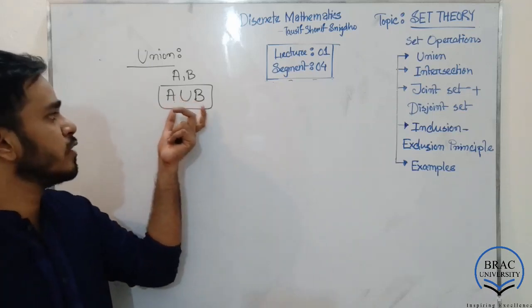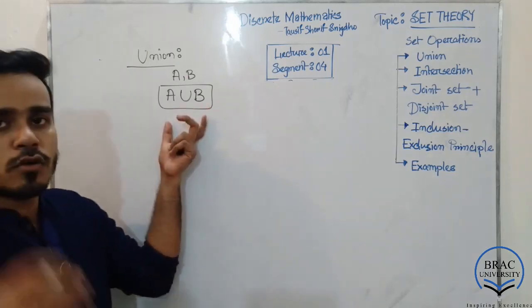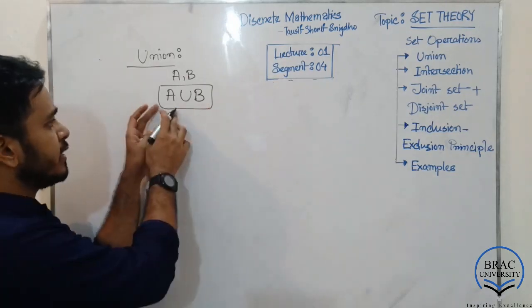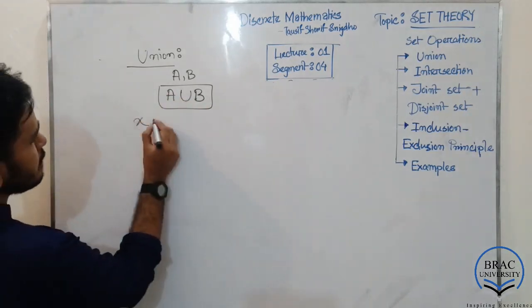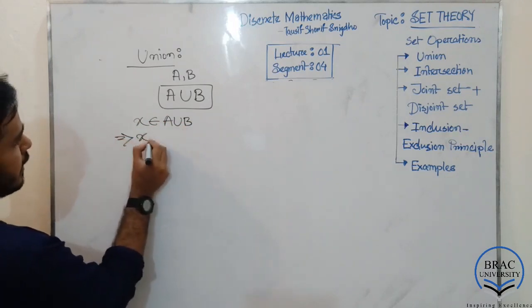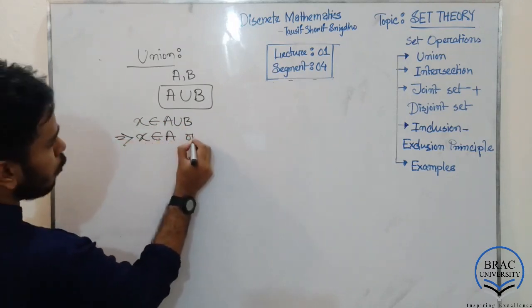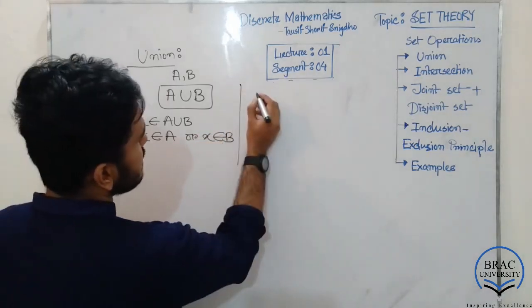I repeat, A union B refers to a set that contains each of the elements of either A or B or both. So, if someone claims that X belongs to A union B, it means X belongs to A or X belongs to B.